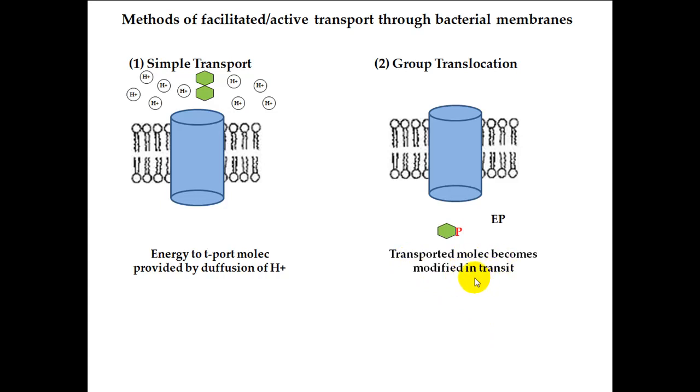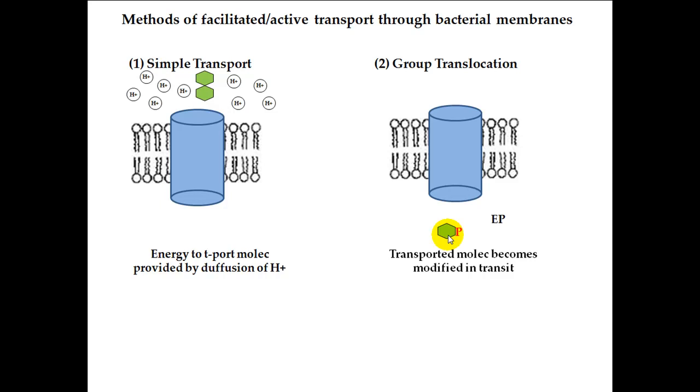And one of the advantages to doing group translocation, to having a phosphate group added onto a molecule, is that if the molecule being taken in happens to be a glucose molecule, you might remember that one of the ways of breaking down glucose is via something called glycolysis.